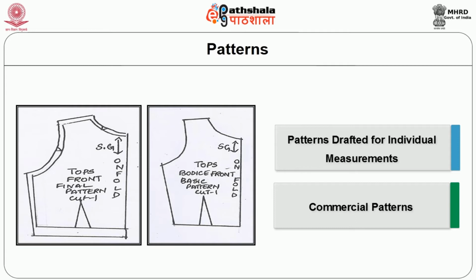You can also see the darts in both the patterns. The straight grain is also marked as SG near a pointed arrow. On fold is placed with the letters written one below the other. In the final pattern, you can see notches marked in the seam allowance line of the arm side and the neckline.